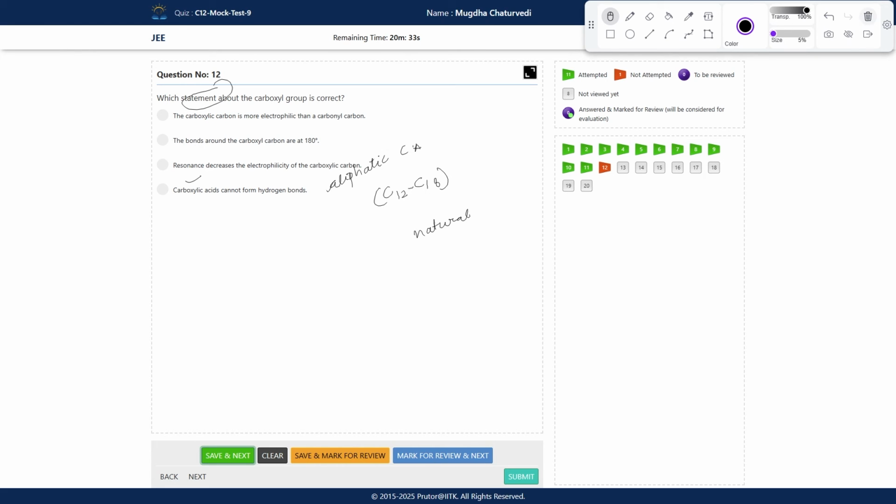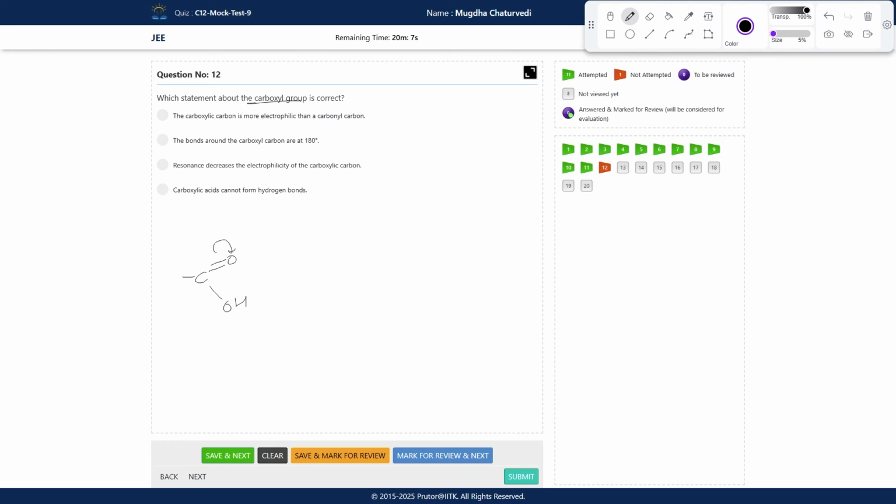In the next question, it is asking which of the following statements about the carboxyl group is correct. In the case of the carboxyl group, the resonance delocalizes the negative charge. We know that in the carboxyl group there is resonance. This is C double bond O and OH.